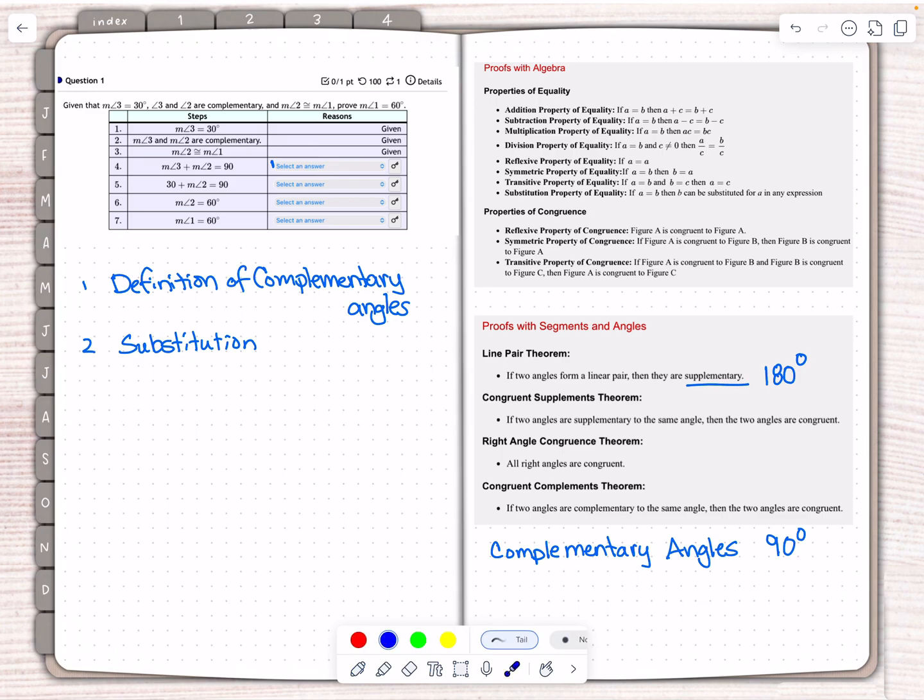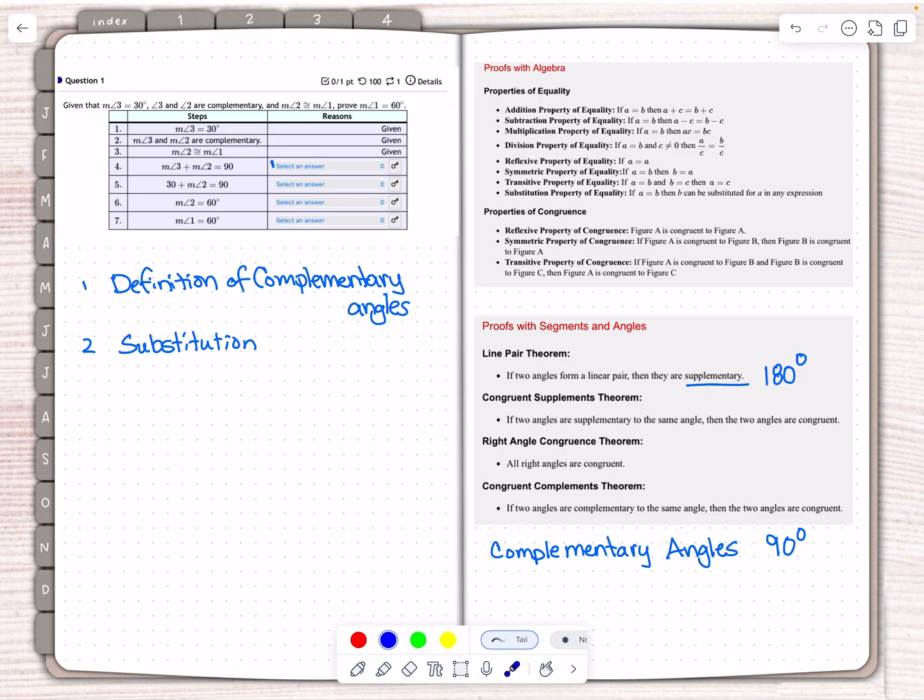All right, now, what happened between lines 5 and 6? I see that we still have the measure of angle 2 here, but on the right-hand side, the values have changed. If we subtracted the 30 on each side, then we would get 60 degrees. So we're going to come over here to the algebra. This is the addition property, because we're adding or subtracting.